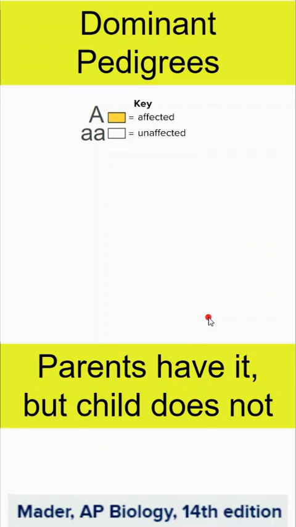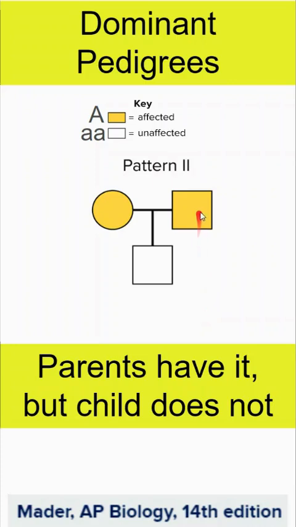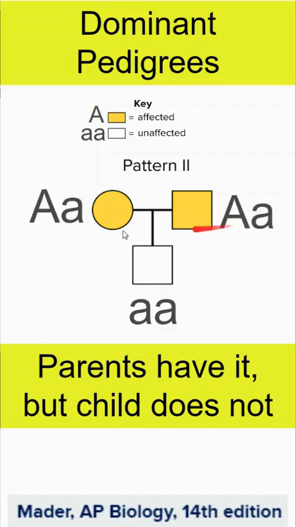If we imagine this, it would look like that. The parents have it, but the child does not. And again, the child we know is homozygous recessive, so the parents would both have to be heterozygous, and they could create an individual that does not have it.